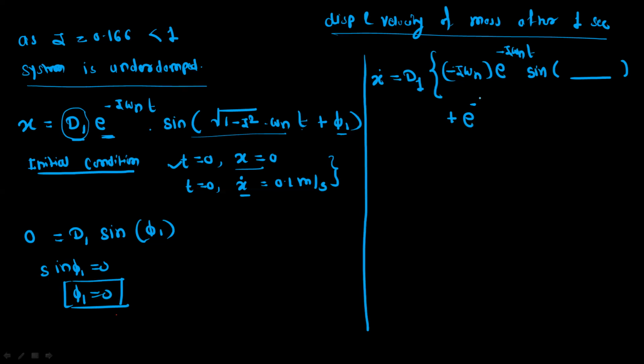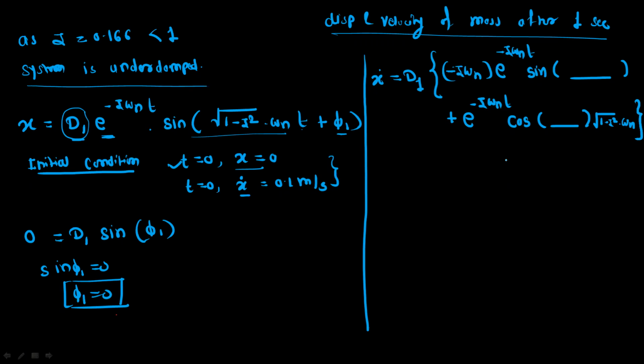So this will be as it is, and sine theta becomes cos theta, so cosine of that complete angle, multiplied by the differentiation of this term, which is square root 1 minus zeta square into omega n.